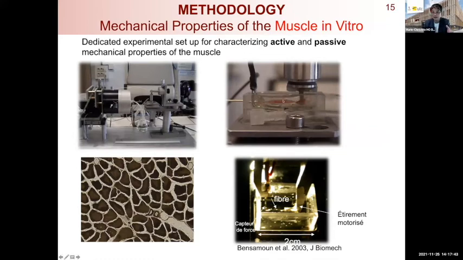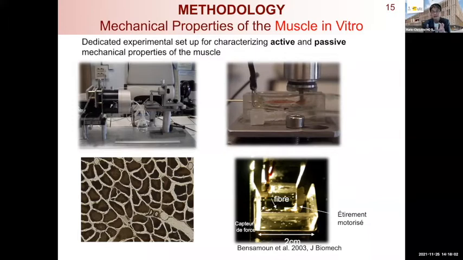So you can see a muscle, this is on the right. So you can have the organ level. You have to do some stress and some mechanical testing in order to have the mechanical behavior. And you also have to extract the fiber from this muscle in order to characterize the multi-scale properties of the muscle.